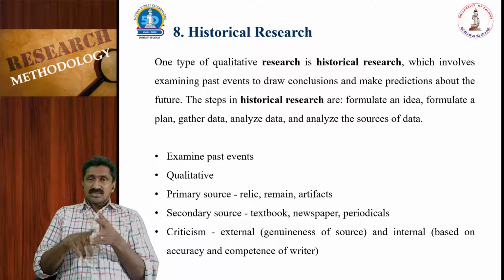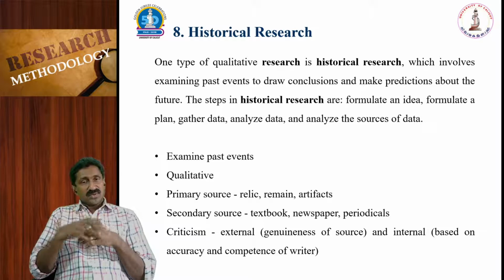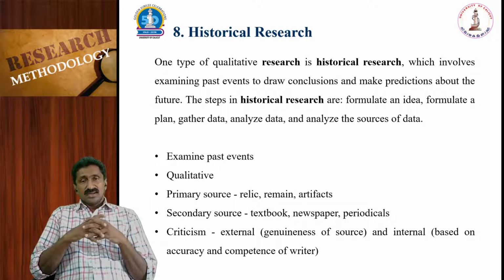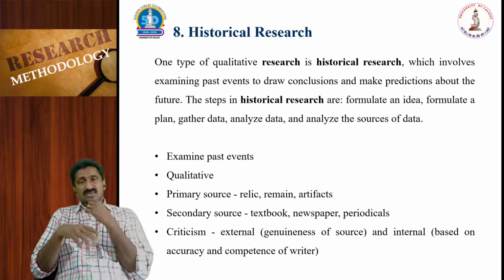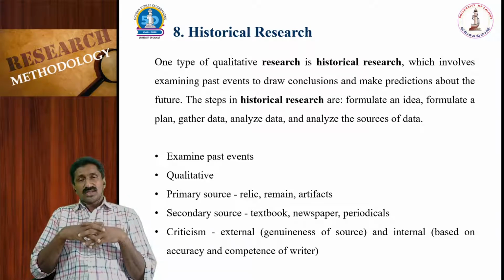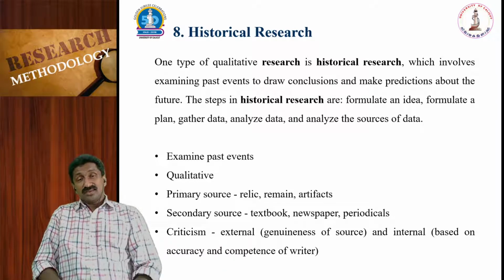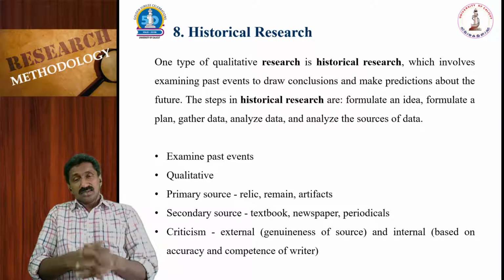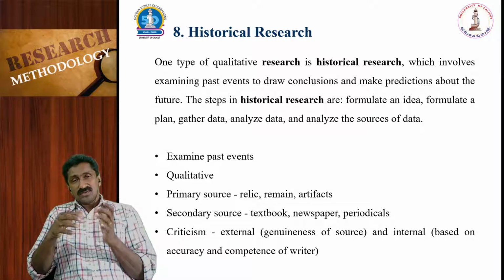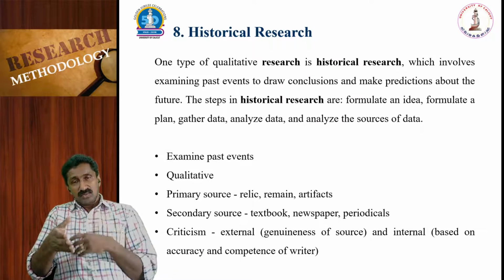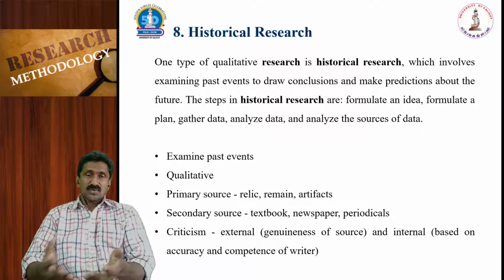The primary source is a relic, remains, or artifacts, etc. The secondary source is a textbook, a newspaper, periodicals, etc. And there are criticisms: external, on the genuineness of the source, and internal, based on the accuracy and competence of the writer, etc. If you are doing historical research, you know that in every century we can see some rulers or some governments usually try to change the history, because they remove some of the evidences and keep the evidences which support their point of view.